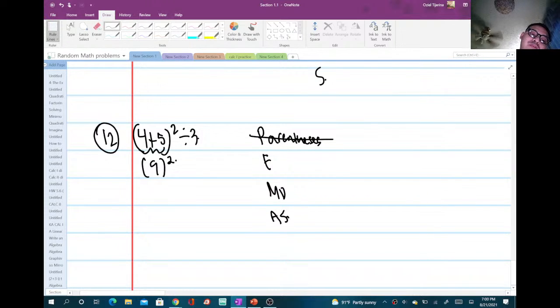Exponents is just, we're squaring 9. So 9 squared is 81, and then divided by 3. 81 divided by 3 is 27.